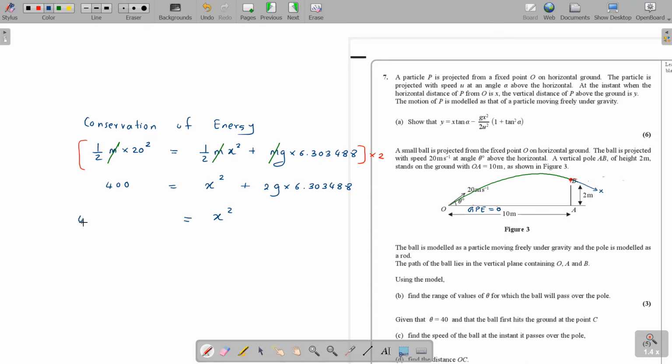So make v a subject. 400 minus 2g into 6.303488. So this is v squared. When I find v, it will be the square root of this whole thing. Actually, I should have used half mv squared, right? Maybe x is confusing, because x might look like a vertical or horizontal distance.